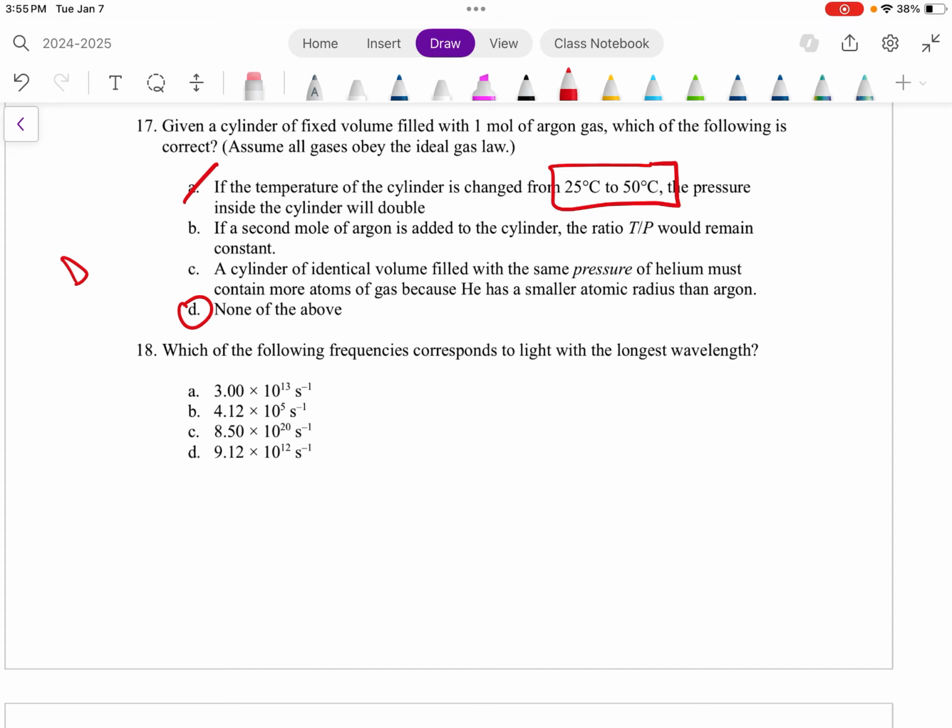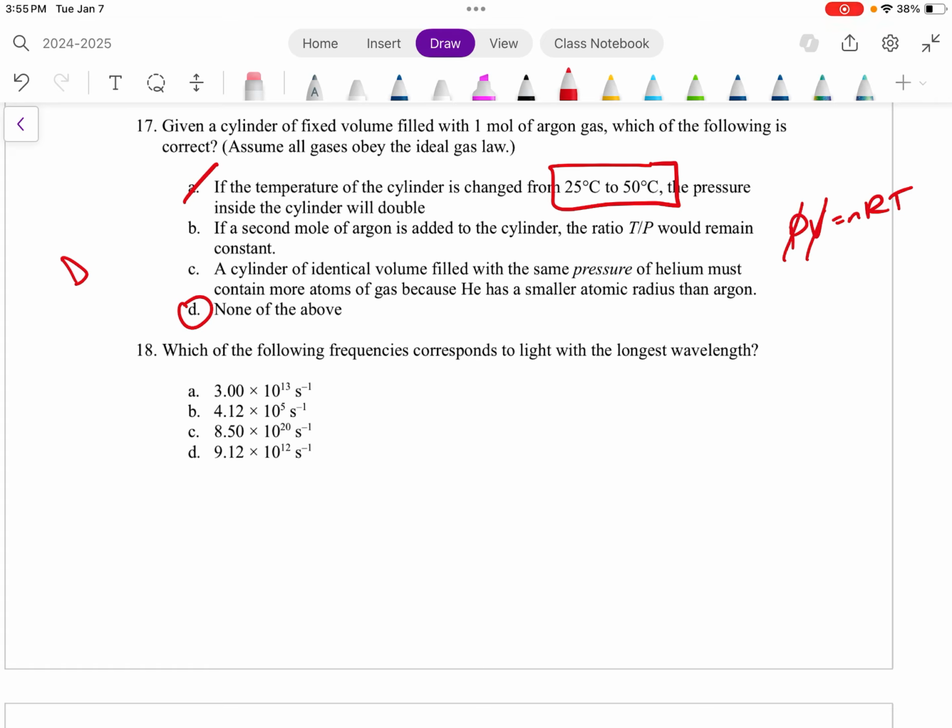So you've got to think PV equals nRT, right? It says it's a fixed volume container. Volume's constant, okay? It says same pressure, okay?